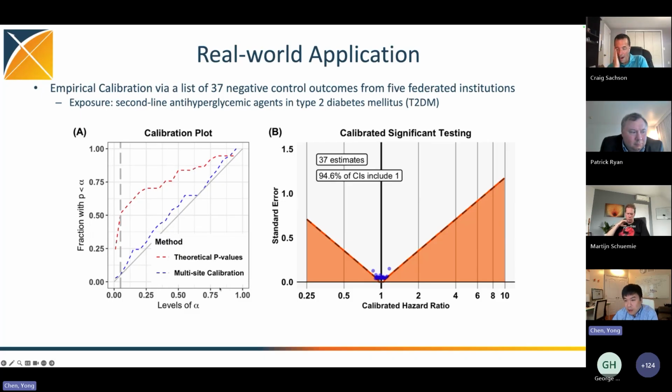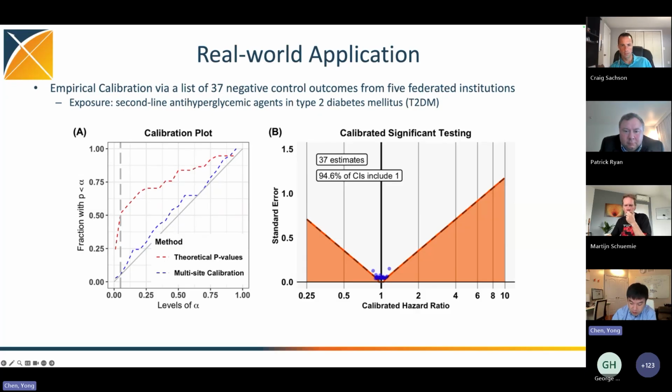Under the null hypothesis, if all these NCOs are truly NCOs, the p-value should follow a uniform distribution, so the theoretical p-value is calculated from a uniform distribution. Without calibration, our empirical p-value fractions are quite off compared to this 45-degree line, which is our gold standard.